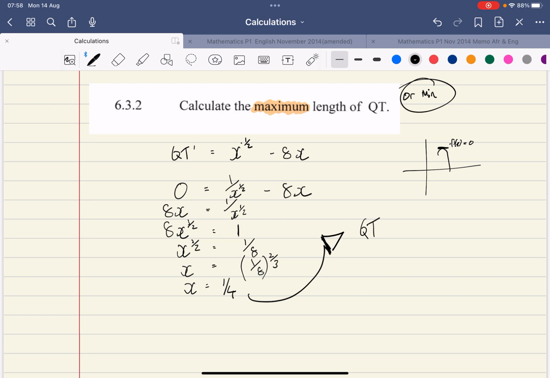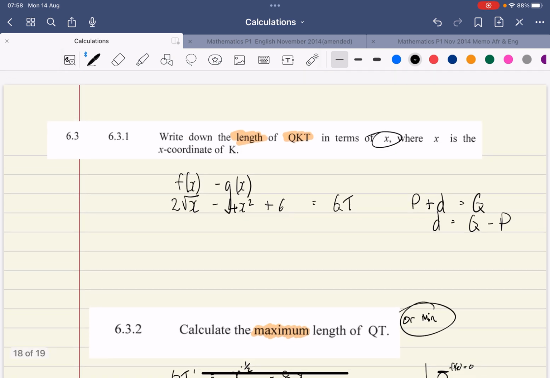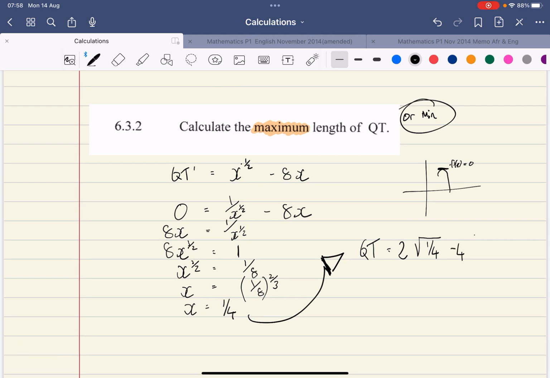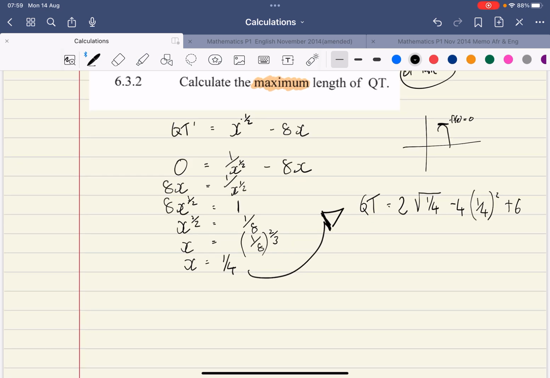And if it is at a maximum at a quarter, let's plug that quarter in. So it was 2 root quarter minus 4 quarter to the 2 plus 6. And let's see if I can do this in my head.